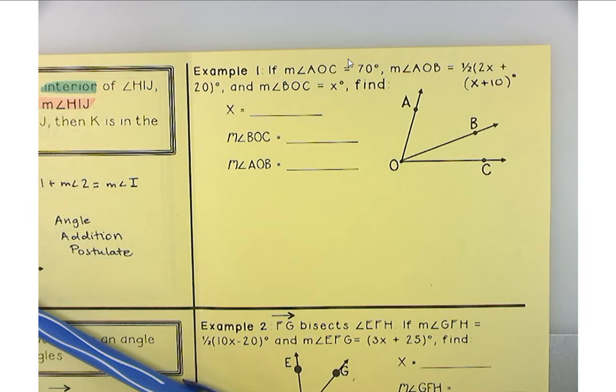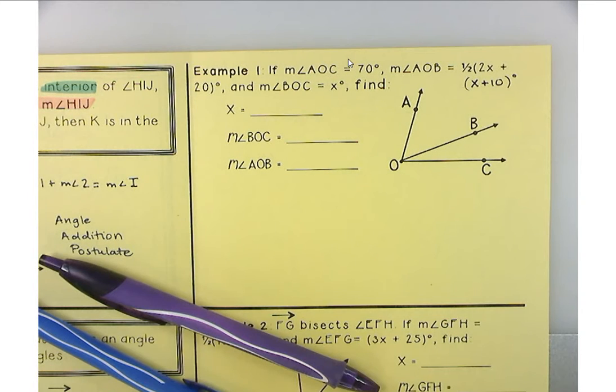After that, I would label where those are in my diagram. I want you to take a second now and label whatever angles they give you, right on your diagram. If the measure of AOB is x plus 10, think about where you're going to put that.